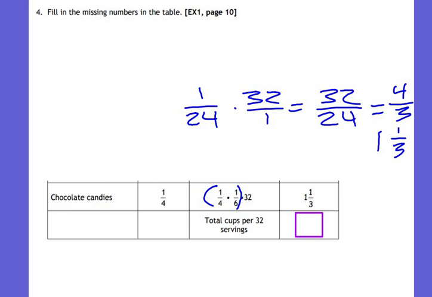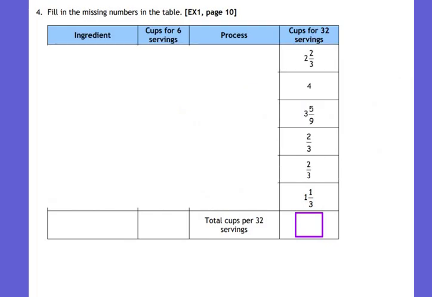Okay. Then we have one more box. It says total cups for everything. I want to know how much total cups all the ingredients is going to be. Which means I need to add. What is the problem I'm running into with adding? I see I have denominators of 3 and 9. I need a common denominator. What would it be? 9.